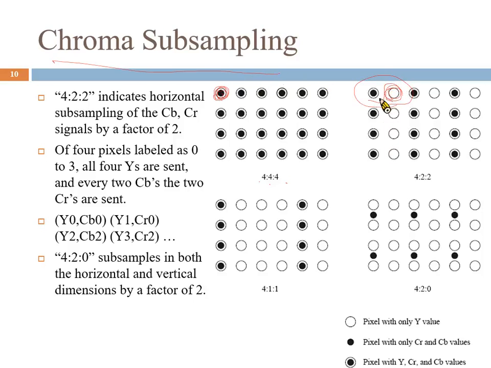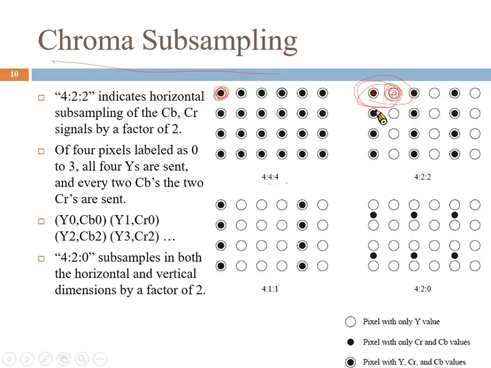That means we don't necessarily store the chroma information for every pixel. We just store it for every 2 pixels. And when we try to decompress the color information, we just copy the chroma information of the first pixel to the second pixel and then reconstruct.